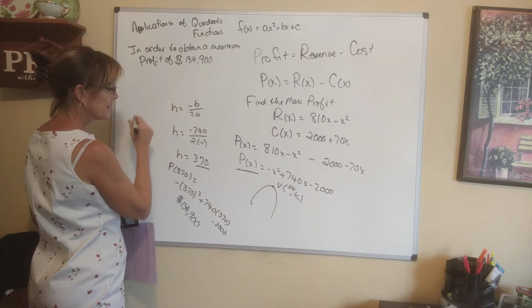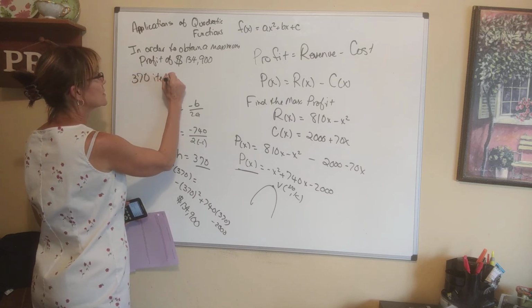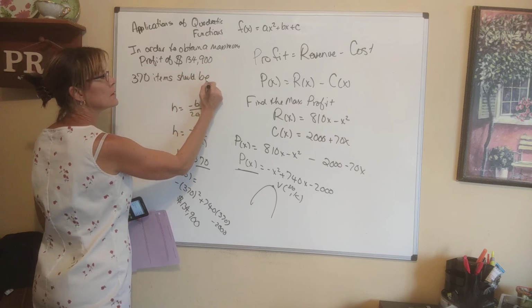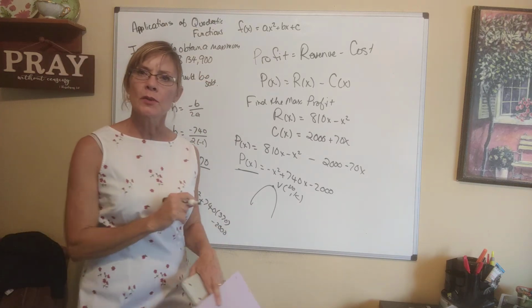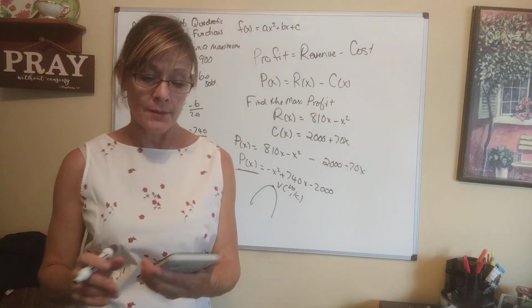How many units must we sell? 370 items or units should be produced and sold. All right, so there's a sentence we could write about that. Okay, so that's some examples of quadratic application.